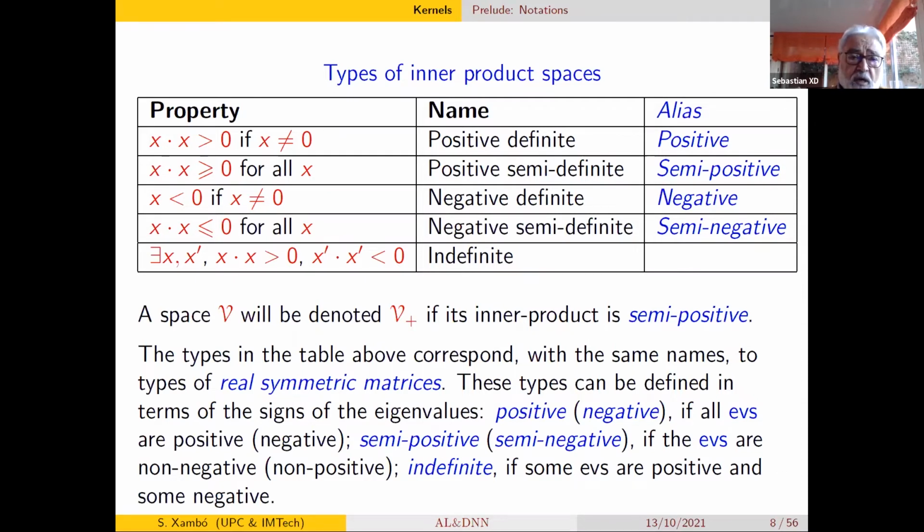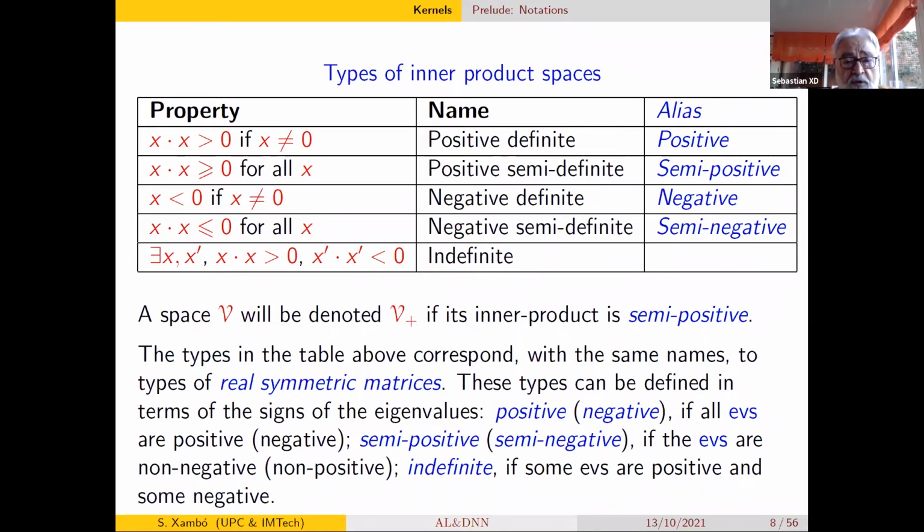If, excuse me, this should be x dot x less than 0 for x not 0, this is negative definite, and negative in the other side. Please let me take a note of this so that I can correct it later. And finally, if there are vectors x for which x dot x is positive, and other vectors x prime for which x prime dot x prime is negative, then we say that the space, or the quadratic form, is indefinite.